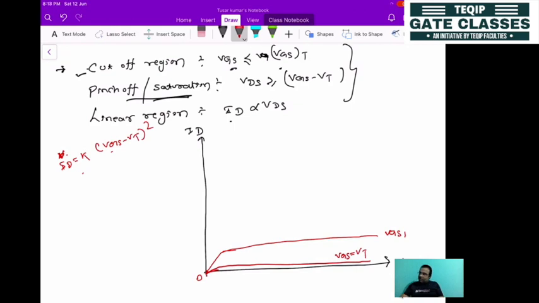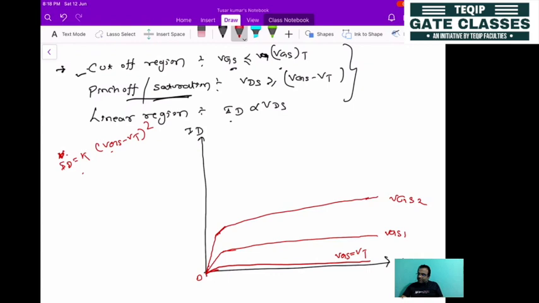Then if you go on increasing the VGS, you will see that the variation of the drain current with respect to VDS will be linear for a longer duration. Then after that it will follow the same path. Even though you are increasing the VDS, the ID current will remain almost constant. This corresponds to VGS2.